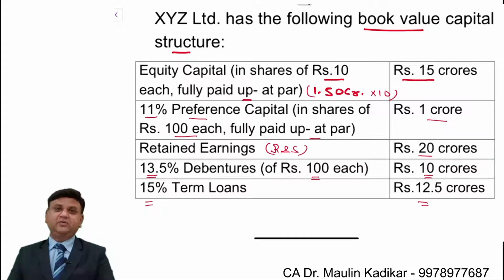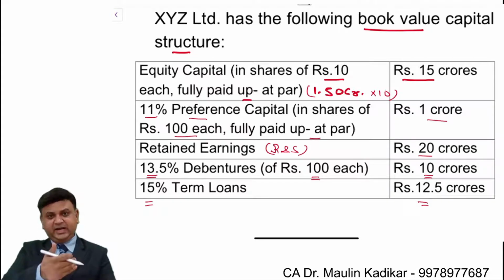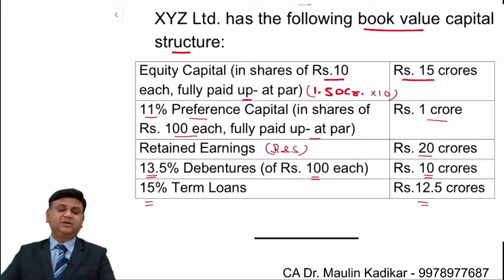So first of all, we are required to make the calculation of the cost of capital for the individual source of finance, and then we'll compute the weight as per the book value, as per the market value, and weight into cost of capital will give the weighted average cost of capital.